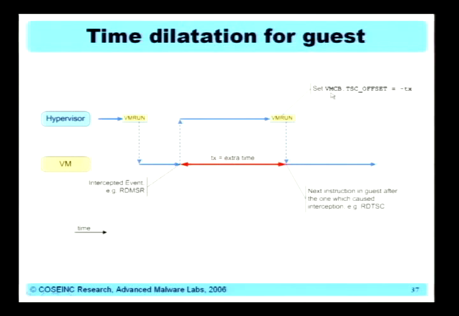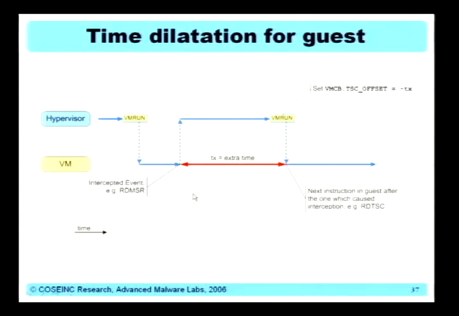So we can use, there's a special field called TSC offset inside VMCB, in this control block, which is the offset which should be added to guest timestamp counter before it's resumed. So we just add minus x here.